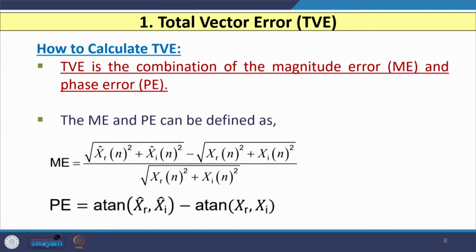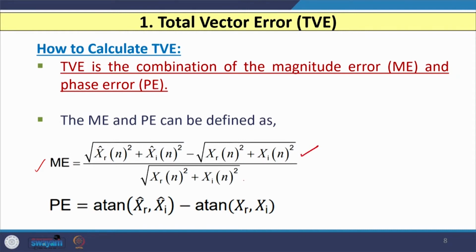The magnitude error and phase error can be defined by these two equations, where magnitude error ME is given by the equation: in the numerator you have the square root of xr hat n square, where n is the particular sample number, plus xi hat n square, minus again in square root xr n square plus xi n square, divided by, in the denominator, xr n square in square root plus xi n square.